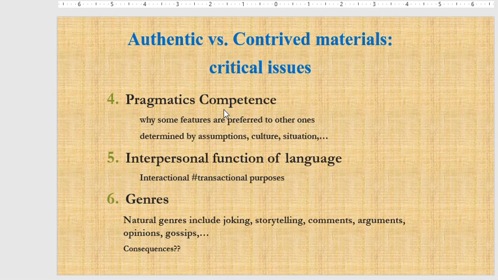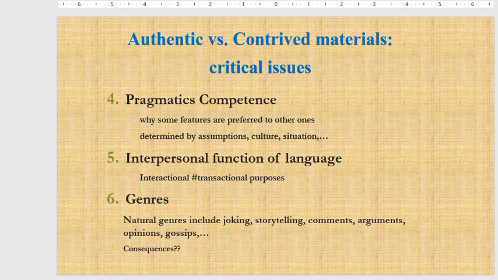You have the ability to use different messages, sentences, or features of language to communicate with me. But why do you prefer some features to the other ones? Because the personal relationship you want to create with your teacher or your classmates is much more important than the transactional purposes. Sometimes the sentences you produce are not only there to convey factual information.